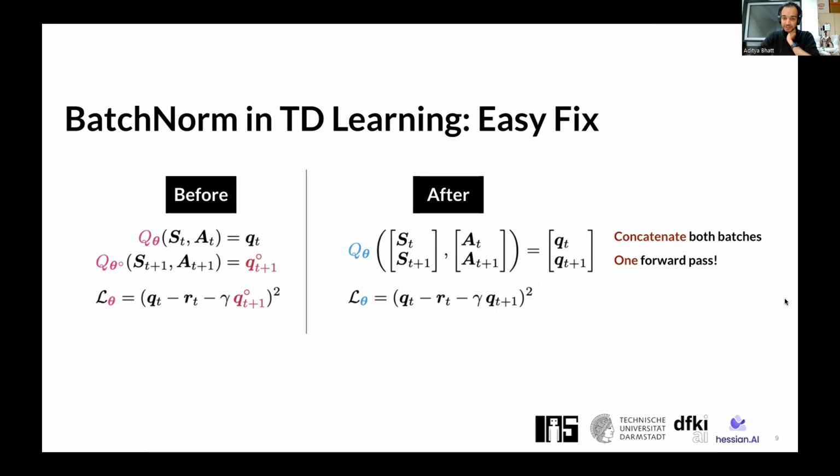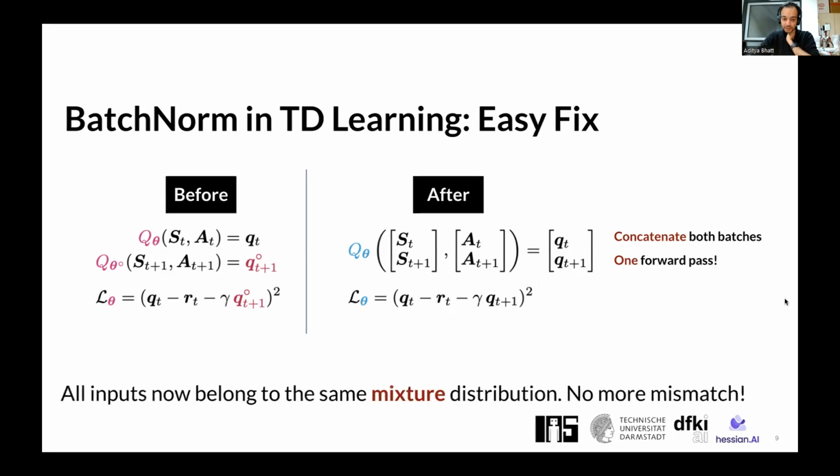So why do we do this? We do this because now, from the point of view of the batch norm layers in your network, every element of a batch that it sees belongs to one unified mixture distribution that contains samples both from the S_t and the S_{t+1} batch.